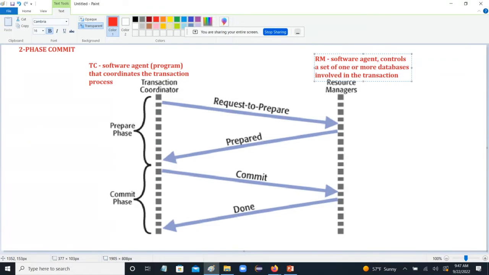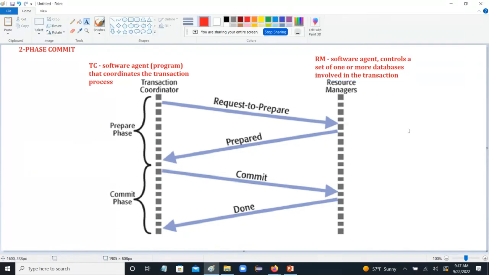It's a little program, a software agent that controls a set of one or more databases involved in the transaction, right? Because the whole point of two-phase commit is we have a bunch of different databases, not all of them under, say, Amazon's roof. They all need their own resource manager, right? Because of permission levels and such. Amazon can't go in and update the credit card company's databases. The credit card company can't go into Amazon and update Amazon's databases, right? So they need their own separate resource managers.